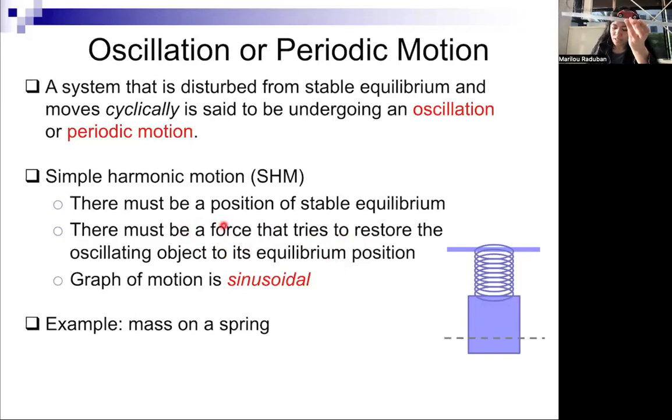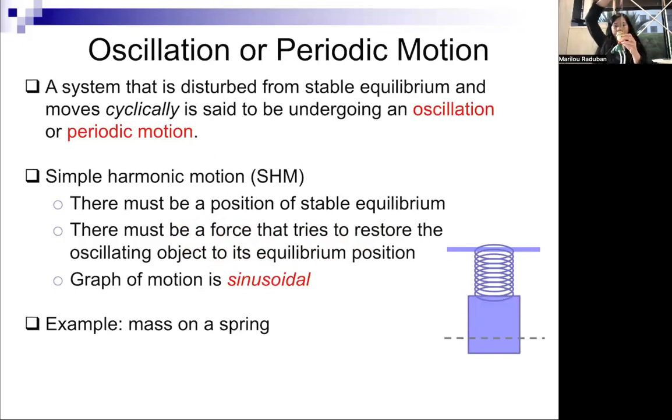And this is the most distinguishing feature of a simple harmonic motion: you have this force provided by the spring that attempts to bring the car back to its stable position.